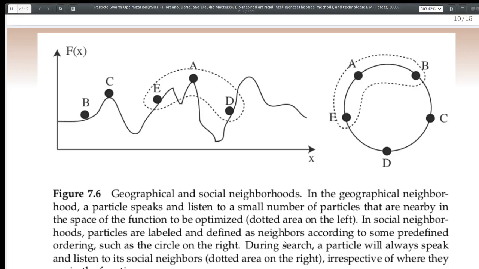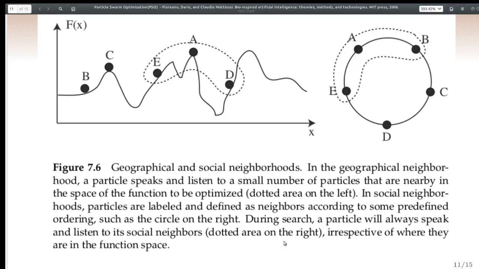The same logic is explained as a picture. Here you can see the area of uncertainty as dotted regions. Two kinds of neighborhoods are explained in this picture: the geographical neighborhood and the social neighborhood.